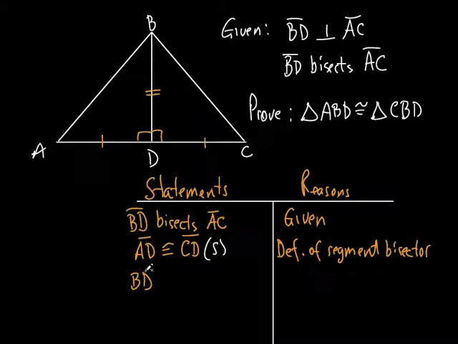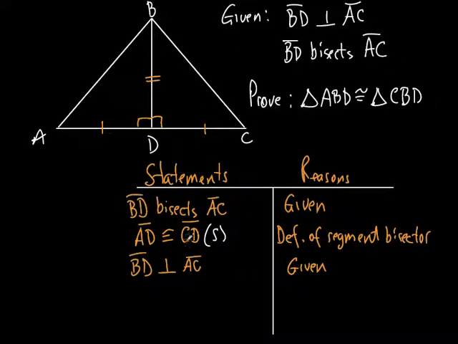So watch. It says that BD is perpendicular to AC. Now that's given, isn't it? Okay, so that's given. But what follows after that? If BD is perpendicular to AC, what does that mean then? They both have right angles, okay?